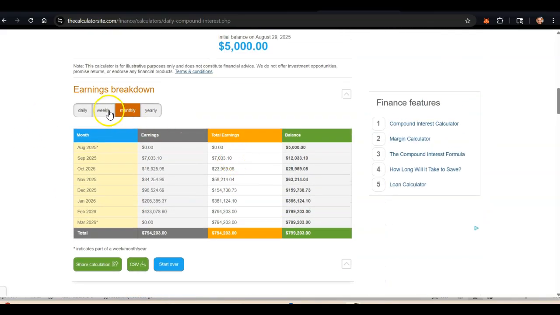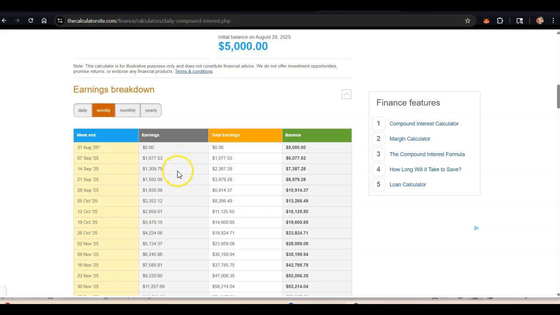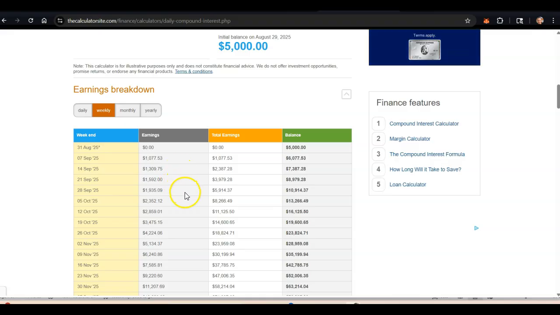Now, what does this look like weekly? So, again, insane. Okay, look, your first week, you made about $1,080 or so, give or take. The next week, you're at about $1,300 for the week. Now you're at 16. But look at the way the compounding works here.